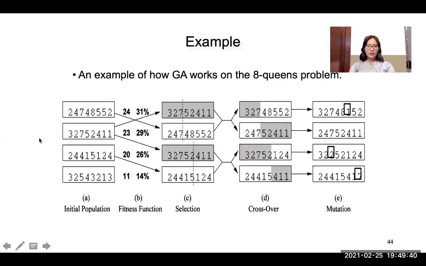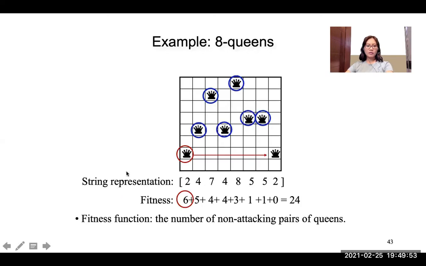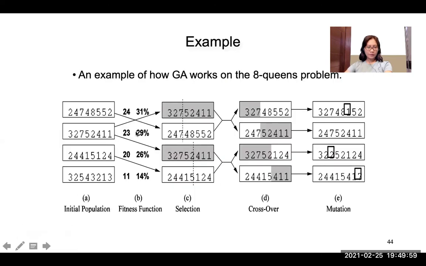So I have the chromosome already. I have the fitness function already. How to calculate that is, as I mentioned earlier, you have this number and you have the string representations. And you also have the probability. We found the probability from the roulette wheel, the selection process.